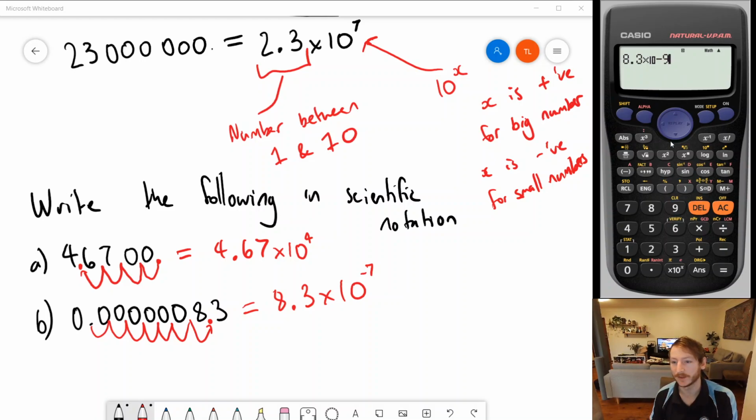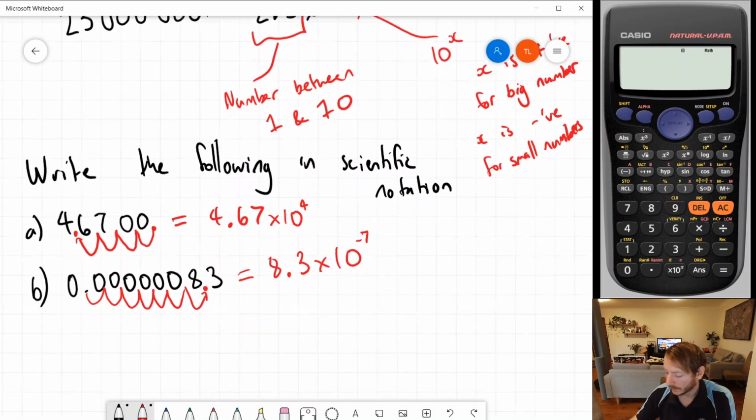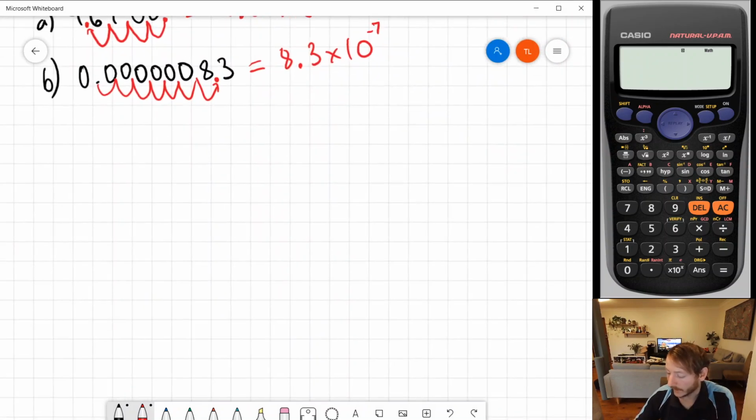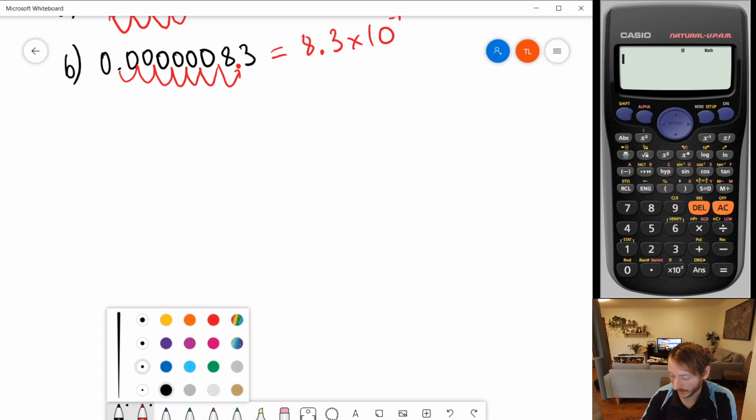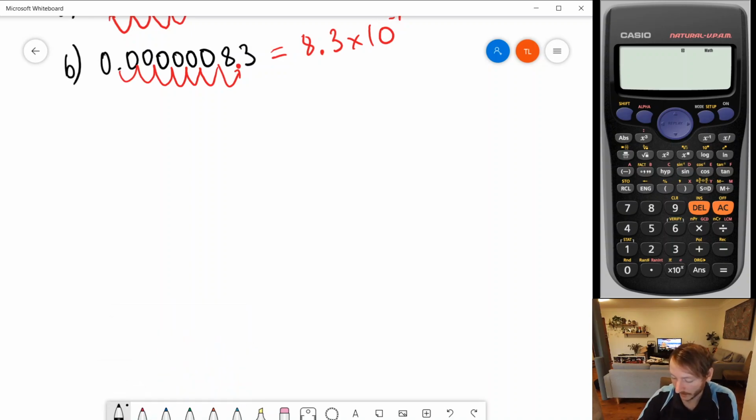Oh, still fits, getting closer, 10. There we go. So it couldn't fit in all those digits, so it's given it to us in scientific notation anyway. Which is funny because we typed in a thing and it told us it's the same as that. No change needed. All right, let's go the other way.